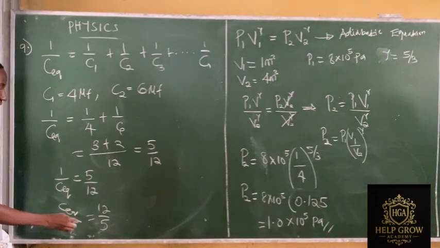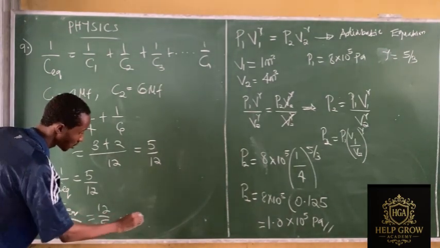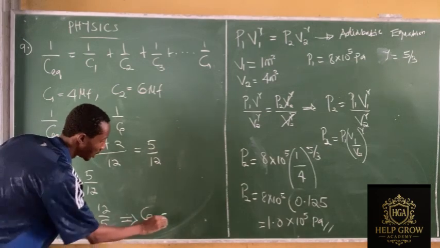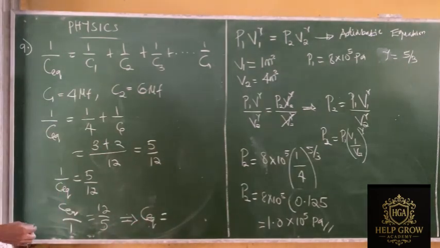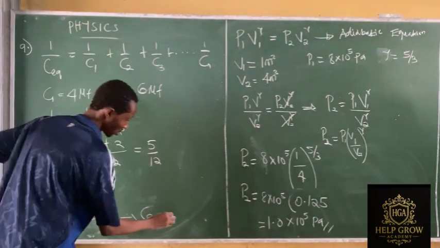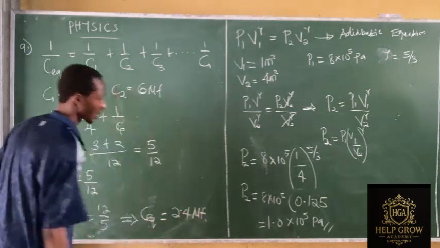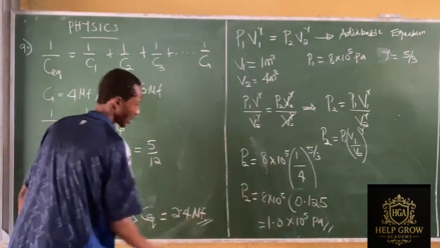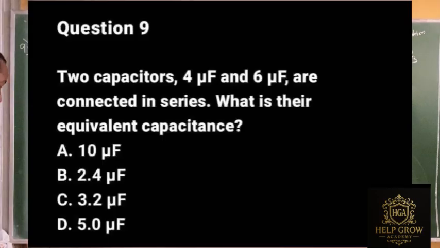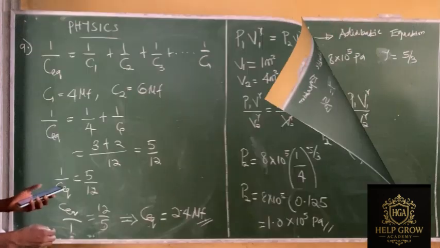Anything divided by 1 is that same thing. So we have C equivalent is equal to 12 divided by 5, which is 2.4 microfarad. So this is our final answer. The correct option there is option B, 2.4 microfarad.